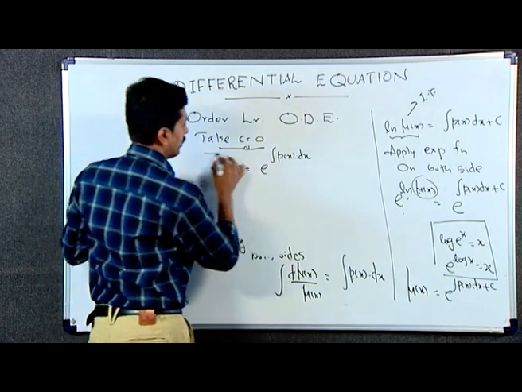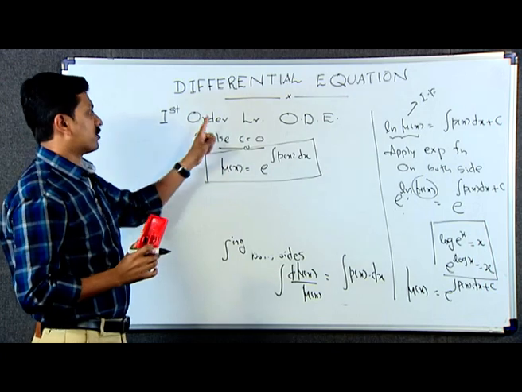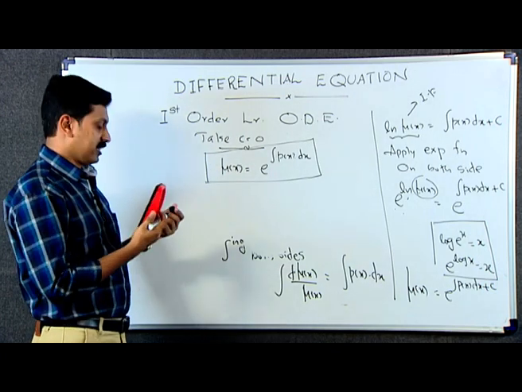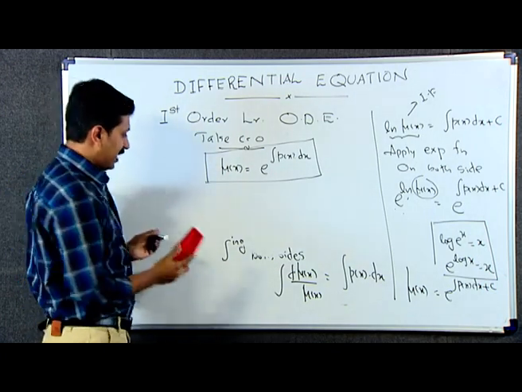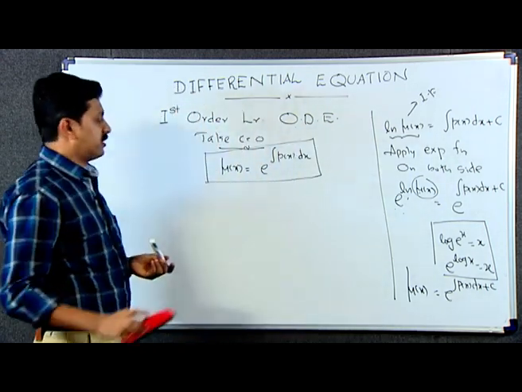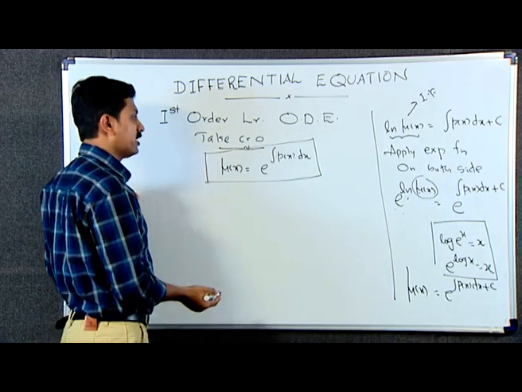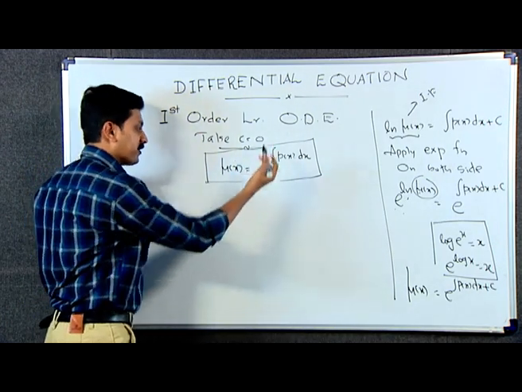This is actually the integrating factor of the first order ordinary linear differential equation. And by using this integrating factor, we can easily find the solution of the first order ordinary linear differential equation.